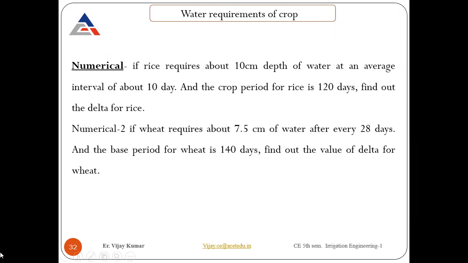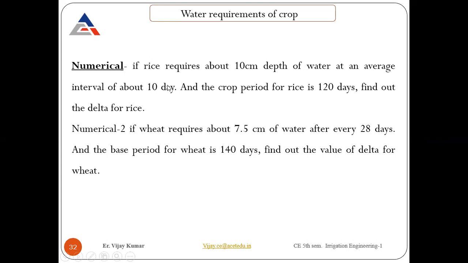So please try to solve those numericals. There is a poll also for these questions. The first question says, if rice requires about 10 centimeter depth of water at an average interval of 10 days, what is the question all about? Read carefully.